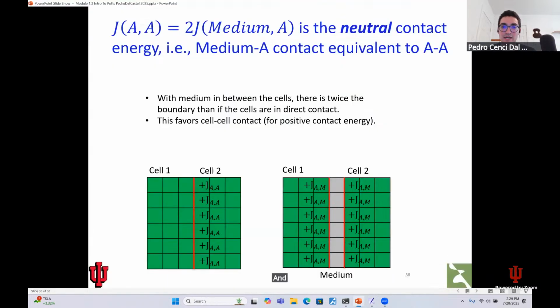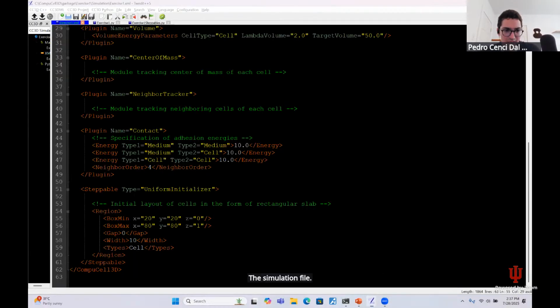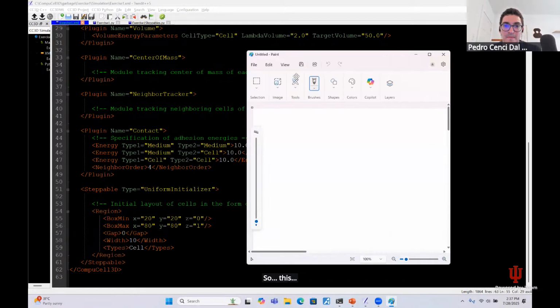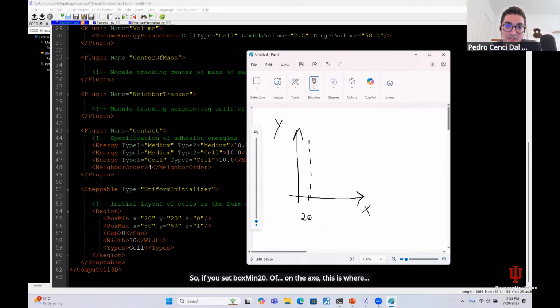And this is why when you put medium in between, you have twice the amount of border. Here we have box min and box max. We have the lattice here, x and y. So if you set box min 20 on the x, this is where the cells will start to be drawn.